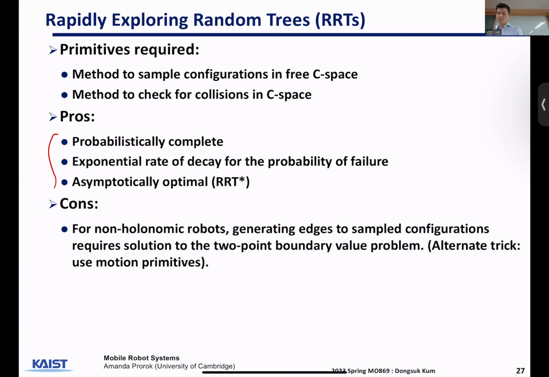Again, probabilistically complete, exponential rate of decay for probability of failure, asymptotically optimal, but for non-holonomic robots, generating edges to sample configurations requires a solution to the two-point boundary value problem.